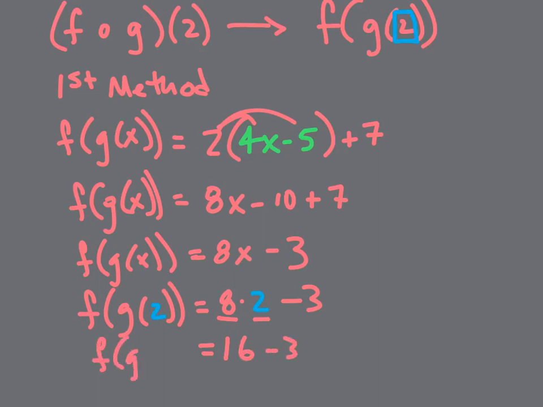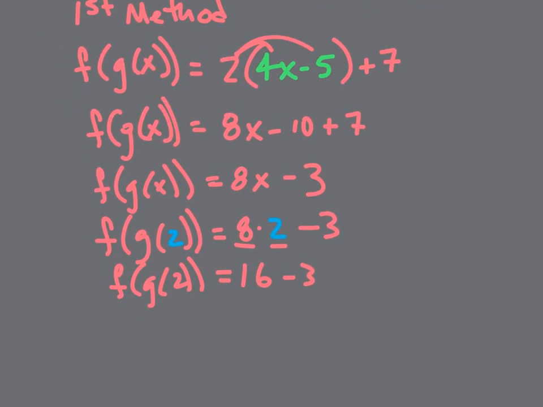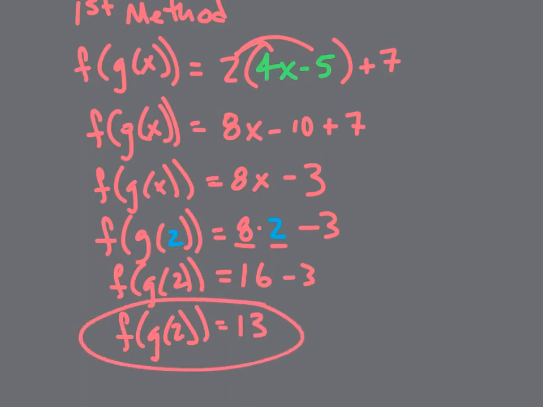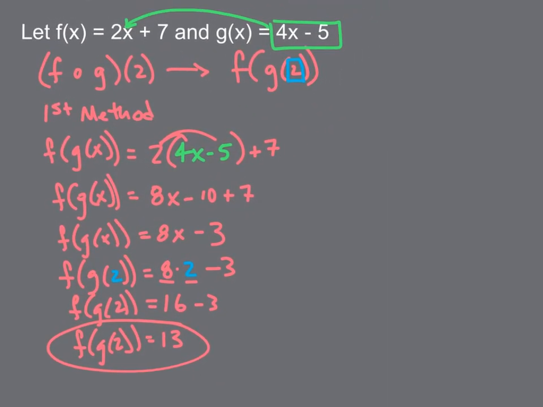So f of g of 2 is equal to 16 minus 3, which gives us a value of 13. So f of g of 2 is equal to 13. In using that composite function, when I plug in that x value, we get the y value. So that's the first method, where you can actually determine your composite function and then go from there.